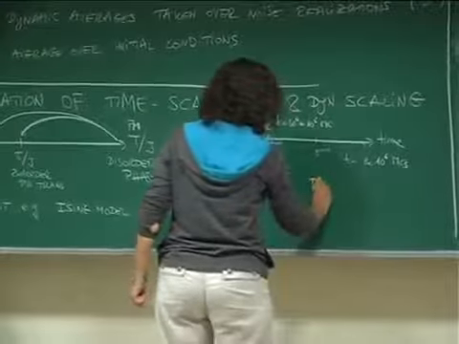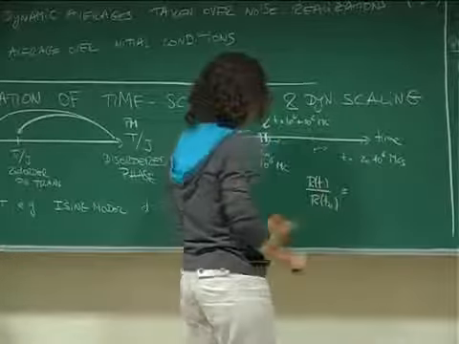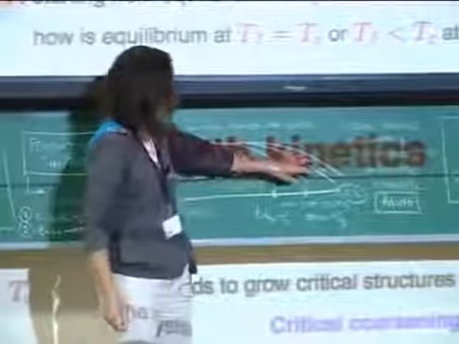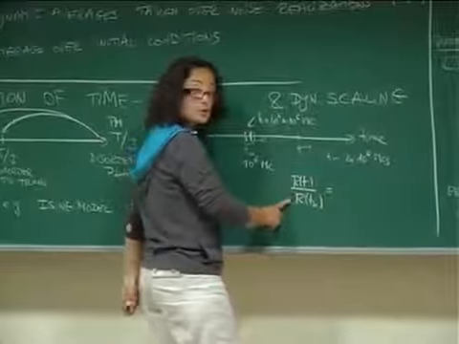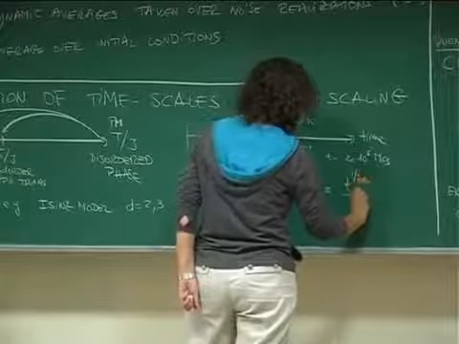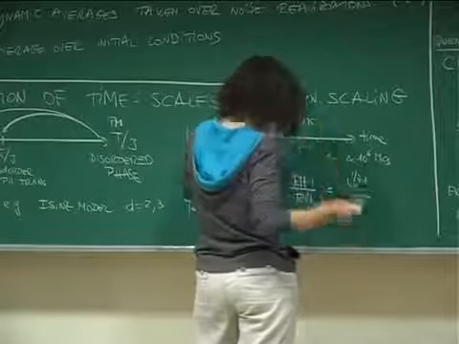Because the scaling variable of the term that describes this decay is the ratio between the two times. Sorry, the lengths evaluated at the two times. I said that the lengths go like, oh no, I think this is the thing.